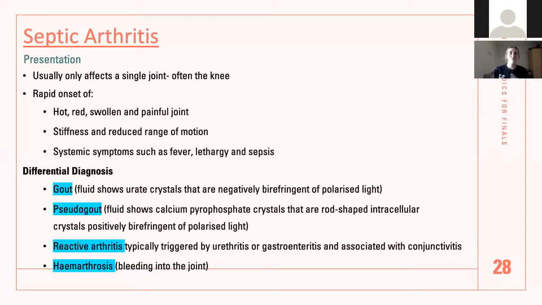In your exams, it might say the gram stain revealed a gram-negative diplococcus. The patient also might present with urinary or genital symptoms, and that might trick you into thinking it's a reactive arthritis. But just remember it's really important to exclude gonococcal septic arthritis first, because this is a more serious condition.